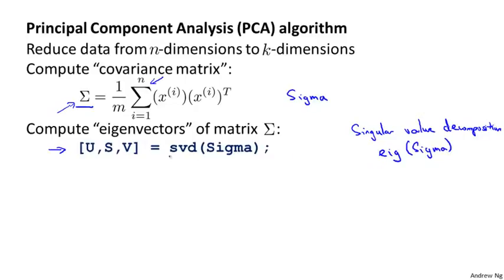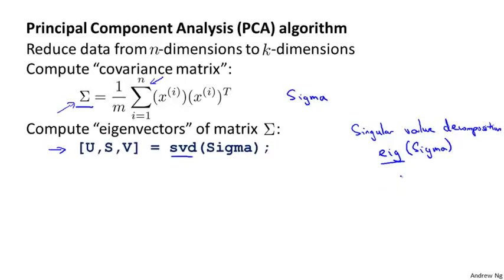It turns out that the SVD function and the eig function will give you the same eigenvectors, only SVD is a little bit more numerically stable. So I tend to use SVD, although I have a few friends that use the eig function as well. But when you apply this to a covariance matrix sigma, they'll give you the same thing.